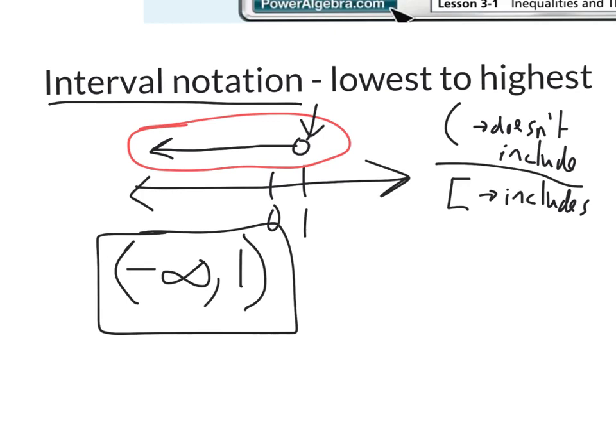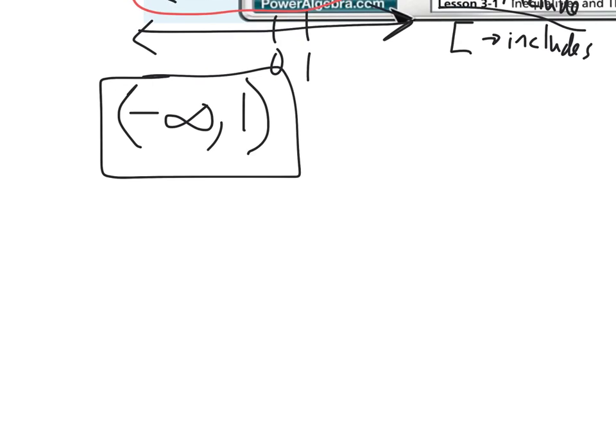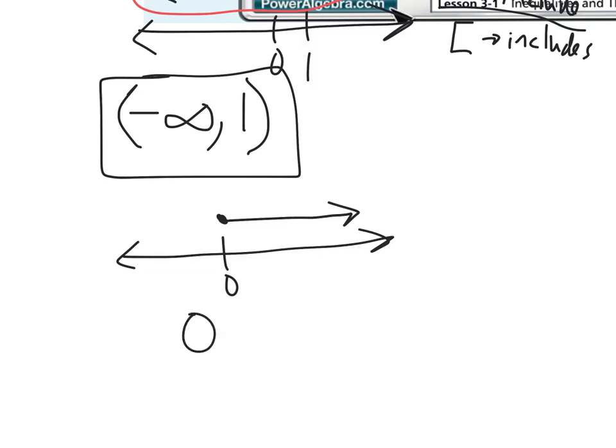Same idea, the second one. We had greater than or equal to 0, so we had a closed circle at 0 going to the right. So same thing, start from the left, find the lowest number that works, and then go to the highest number that works. So 0 is the first number that works here, and we actually need a bracket on this because it includes the 0.